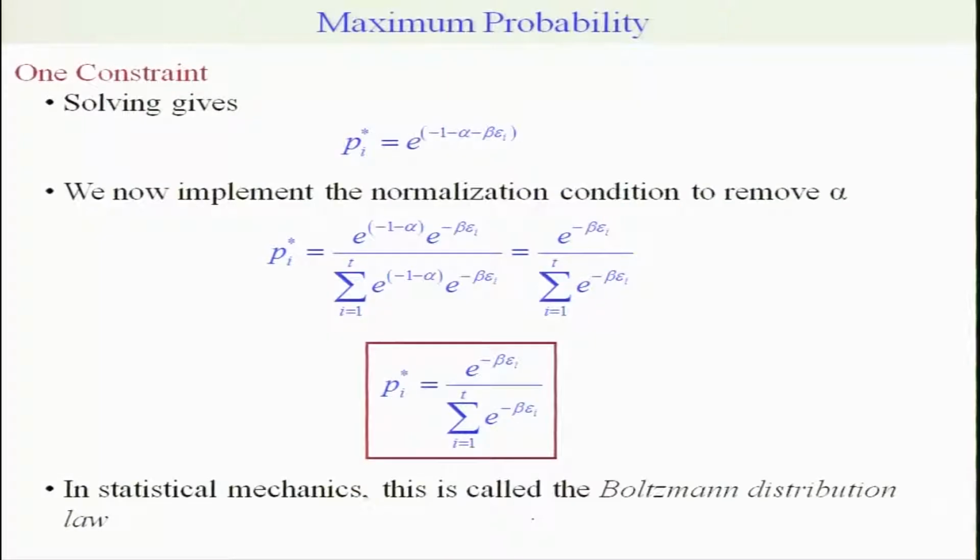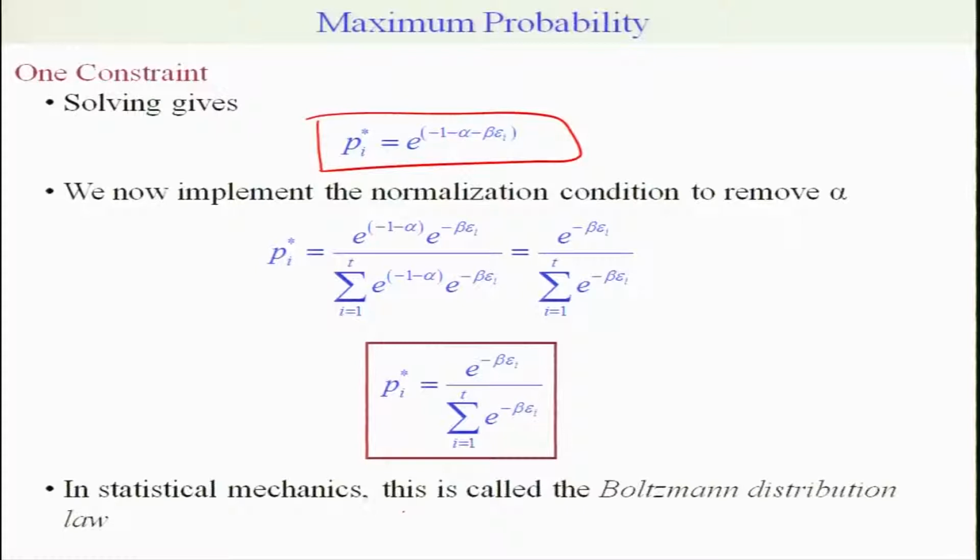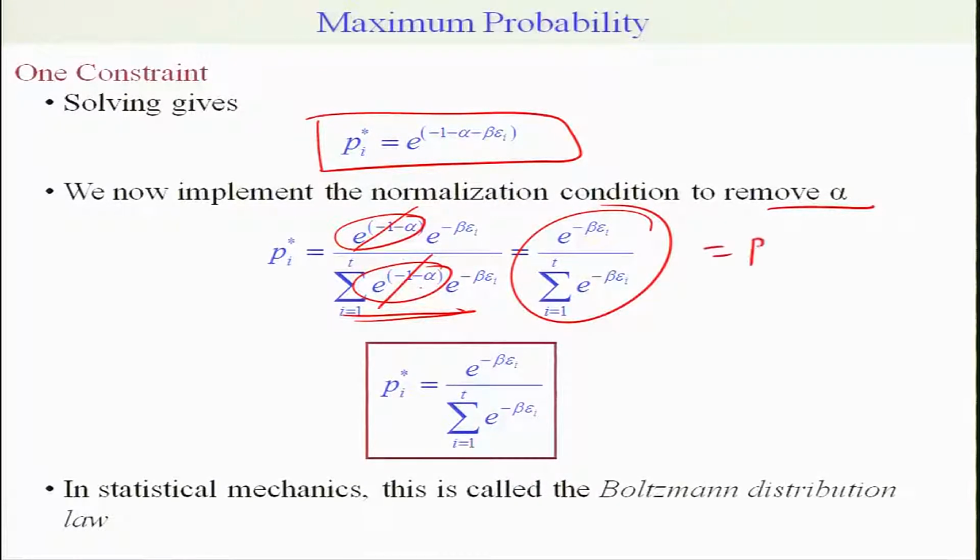Now we got an expression of pi, which comes from here. If you take the last one from here, you are going to get e to the minus 1 minus alpha minus beta epsilon I. Now again we make use of the normalization condition in order to remove the alphas. We consider summation pi equal to 1, that means we divide by this expression, and here we separate this part, and for the numerator the same part gets cancelled. So what remains is this, and this is nothing but pi star.